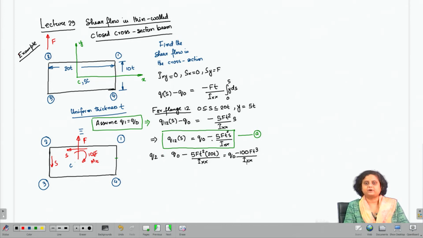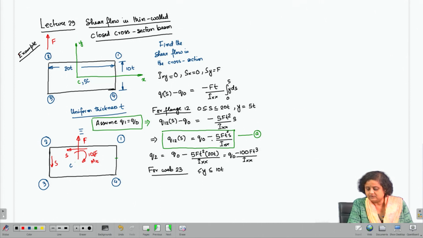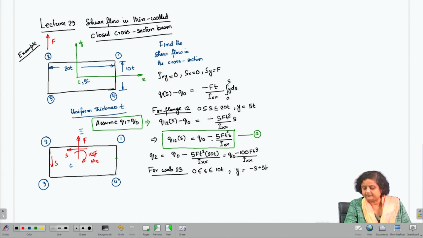So, this is the expression for q2. Now, for web 2 3, y is going to vary between 10t and 0, and y is going to be minus s plus 5t.